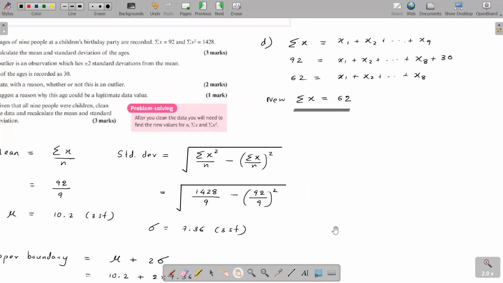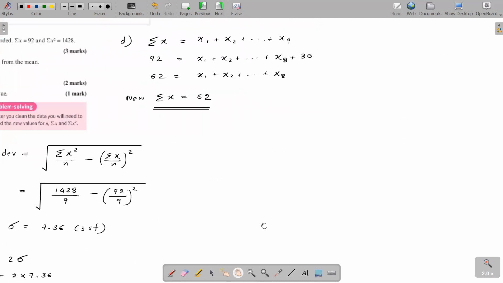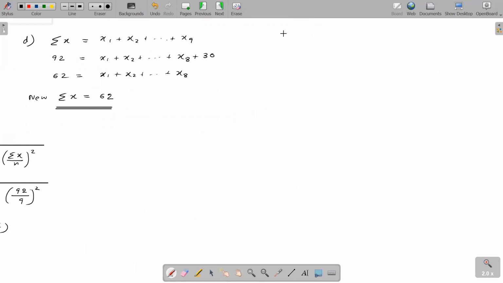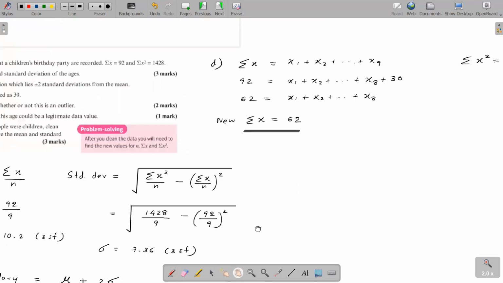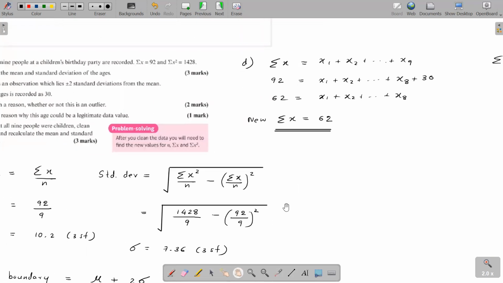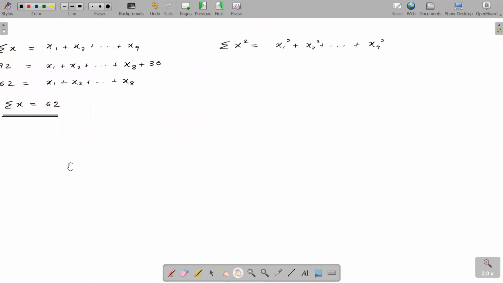Okay, and then we also need to get the sigma x square value, right? How does the sigma x square value work? You square the individual data points. That's how you get sigma x square. What was the sigma x square value given for the whole data set? 1428, right? So you square the ages of everyone. Now you know that the last data value I'm trying to remove, the x9 data point, is 30.